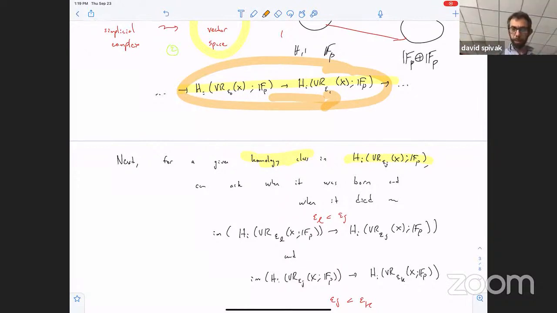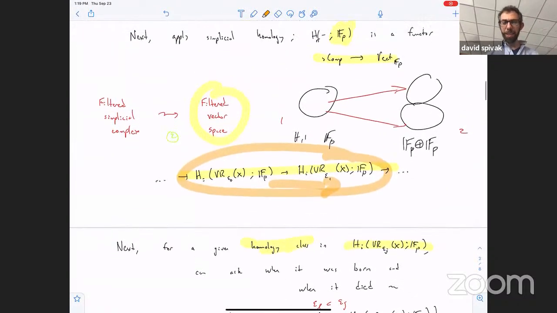Actually, Andrew, can I interrupt with a question? Yeah. So in the previous picture, if you look at the bases here as sets, there are 2 functions from the 1-element set to the 2-element set. So you really could draw those 2 arrows if you just map to sets instead of vector spaces. That's right. Does this functor factor through sets? No, because you can have interesting maps, you can wind around those circles.